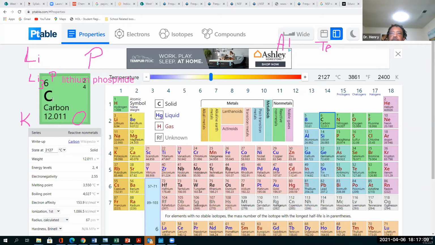Okay. What about this next one? K and O. Potassium oxide. They're already equally balanced, right? Are they? Potassium is +1, and the oxygen is -2. So how many am I going to need to balance it?